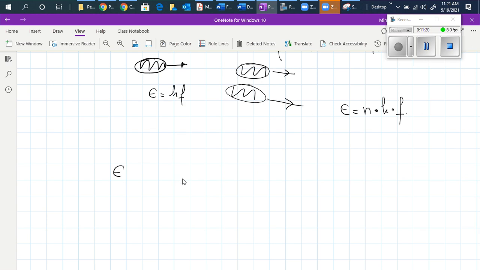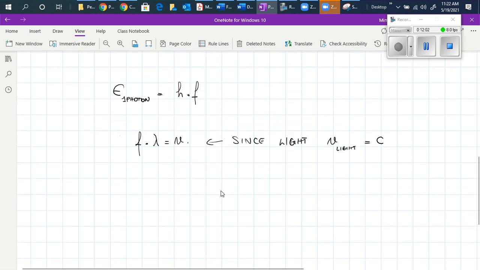So the energy that one photon carries is h times f. From the fact that the universal equation of the wave is that the product of the frequency and the wavelength is equal to the speed. Since we are dealing with light, the speed of light is a constant, equal to c.